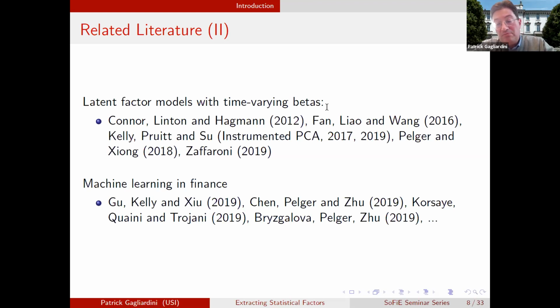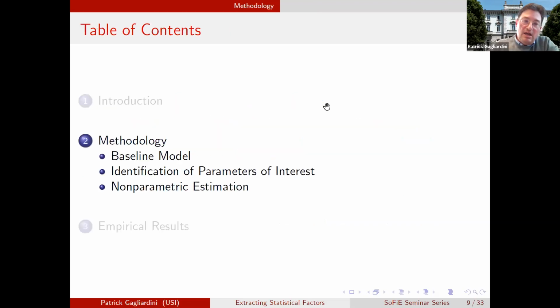And so we focus a lot on allowing for this high dimensionality on the variables which are driving this conditioning set. And so on this focus, we rely on a long list of other papers. I apologize if not all of them are cited here, which are exploring the use of machine learning in finance. Okay, so let me move on.